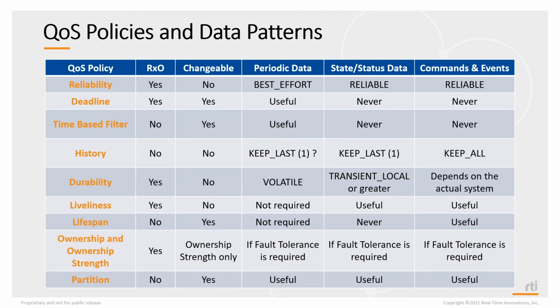If it applies to state and status data, what value do you want to set? Versus command and event data. You'll see that these QoS policies by themselves aren't specific to a data pattern, but how you use a policy, okay, definitely is something that can be different for different communication patterns.